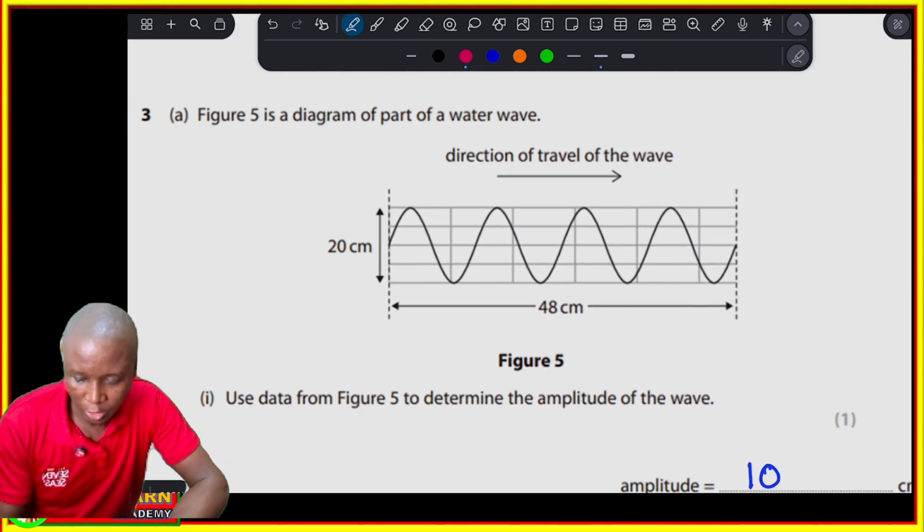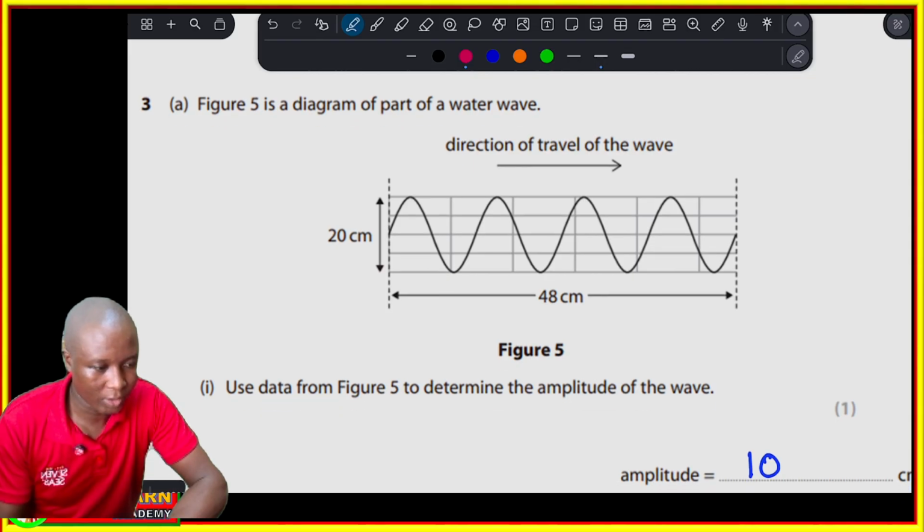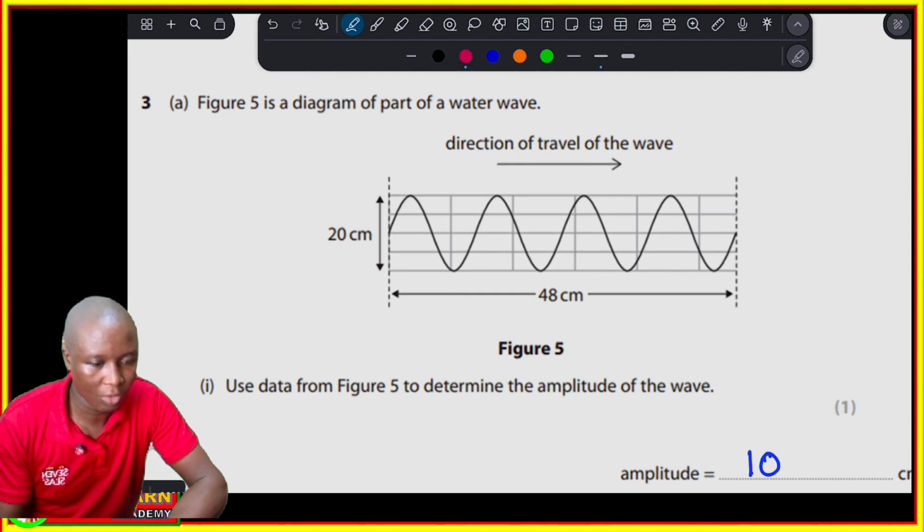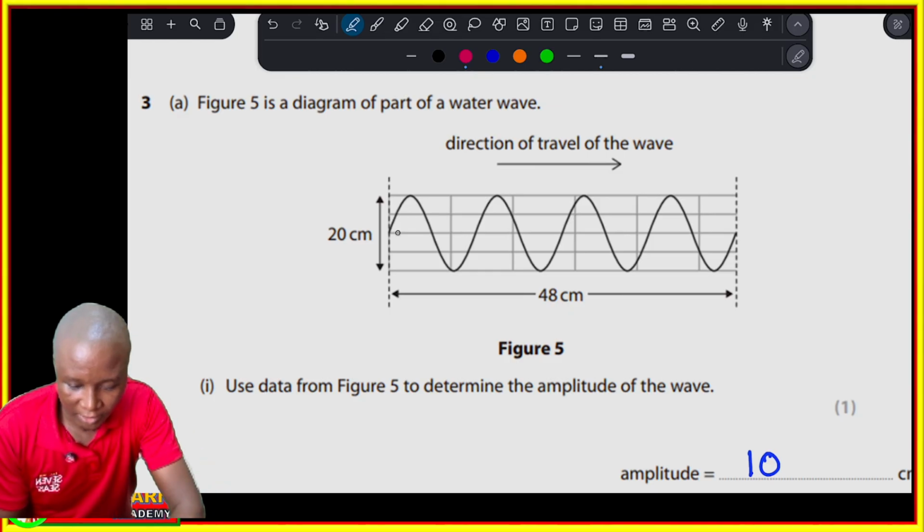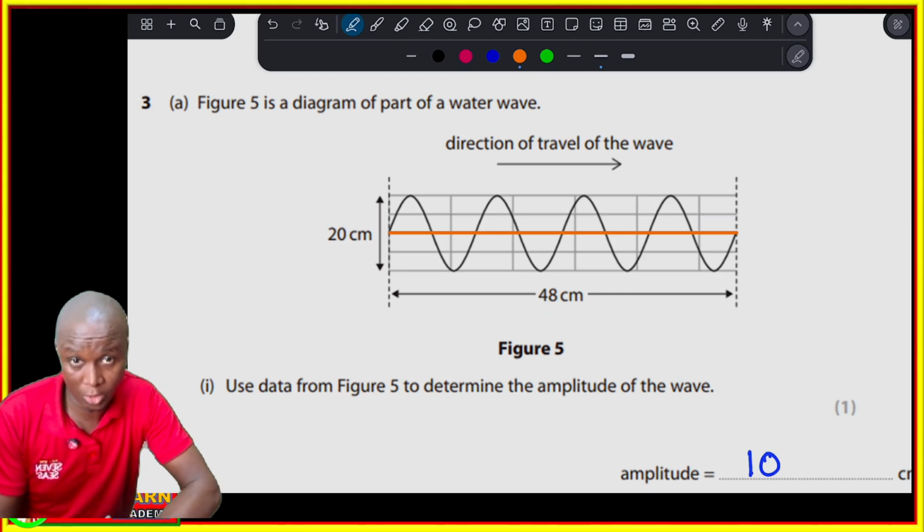And question number 3 was a question testing on waves, and candidates were supposed to use the information or the graph that is there to indicate the amplitude. So the first thing a candidate was supposed to identify is the equilibrium position of this wave. This represents the equilibrium position of the wave.